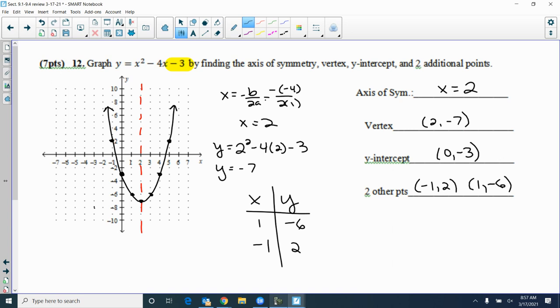Hey, that second point might fall off the graph. If that does, it's okay. You're right. That second point.